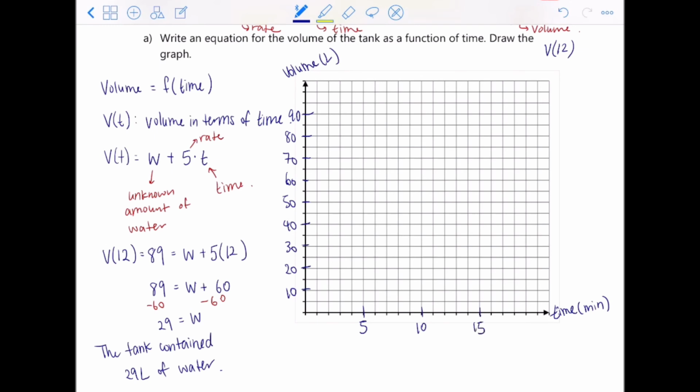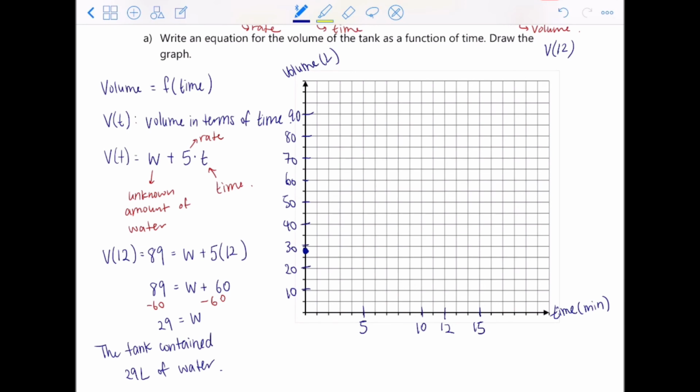I'll stop right here. Okay, so when we are to graph, we're starting at 29 liters at time 0. So this right here is the point where the volume starts at time equal to 0. So that's the initial condition, and then let's see, at 12 minutes, which is here, we have 89 liters.